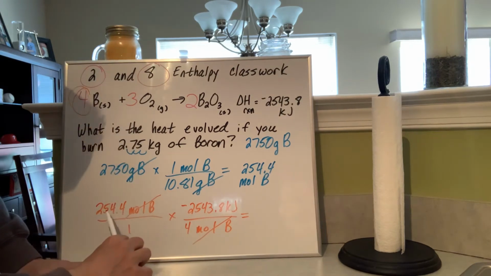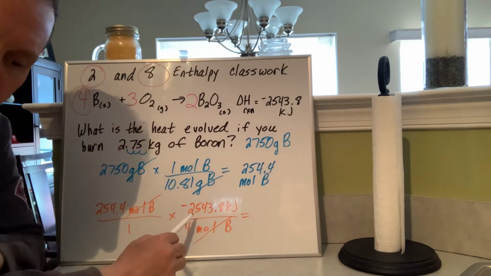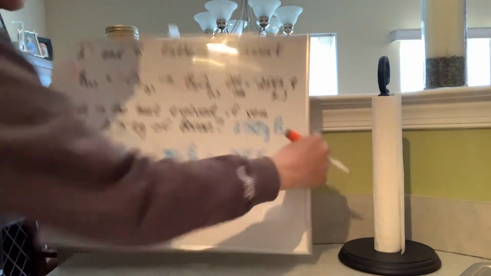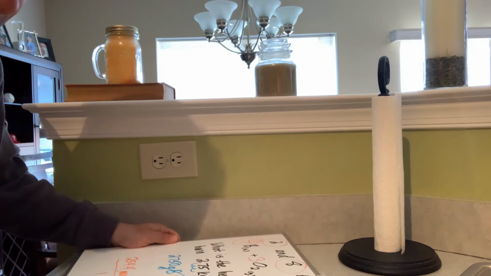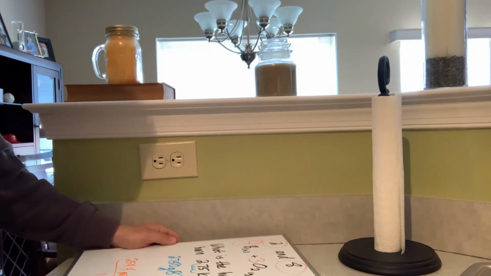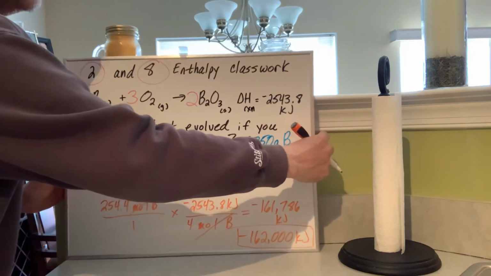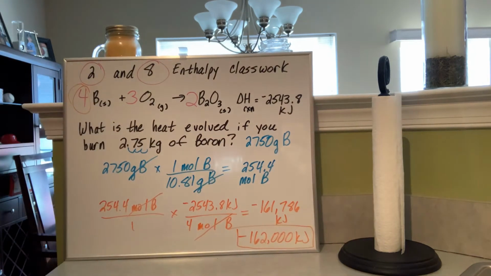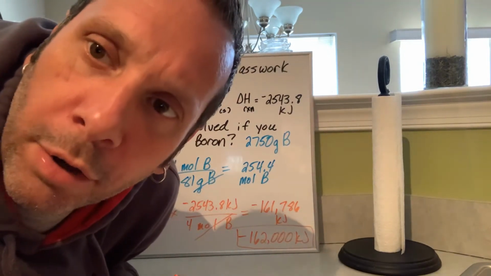All right, so our answer is going to be 254.4 times negative 2543.8, and then divide it by 4, and I get a numeric answer somewhere in the neighborhood of negative 161,786 kilojoules, which I rounded to negative 162,000 kilojoules would be the enthalpy value for 2.75 kilograms of boron.